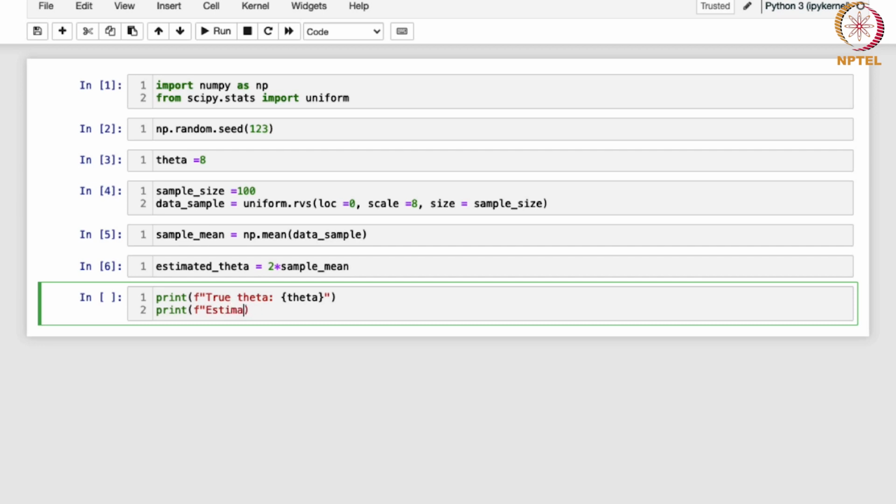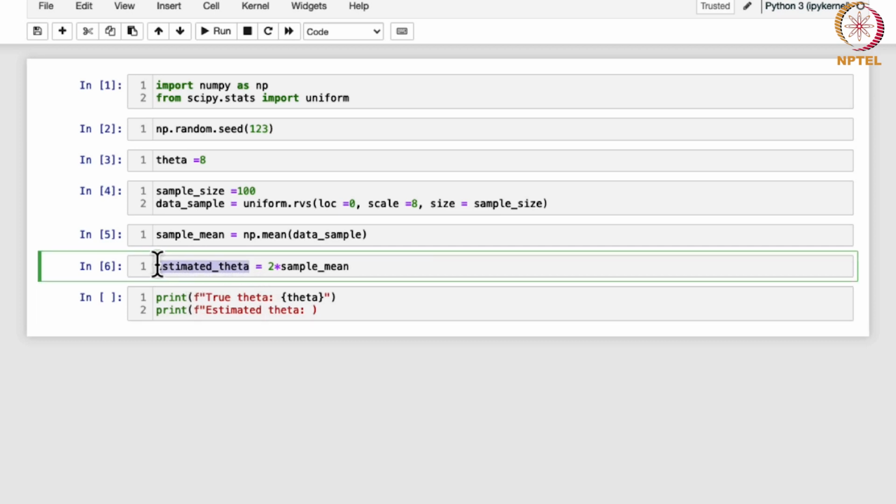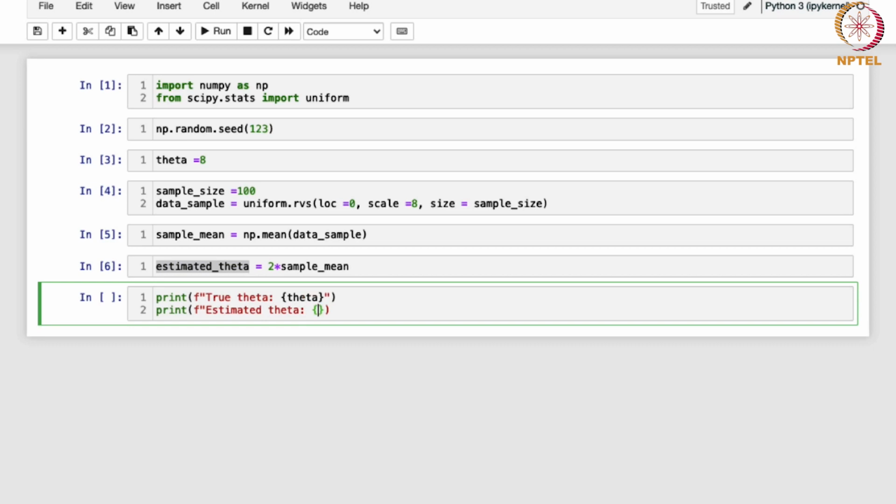Estimated theta would be this one. So here we are using again your f string over here. So here also we would specify this formatting, that is up till 4 decimal places.